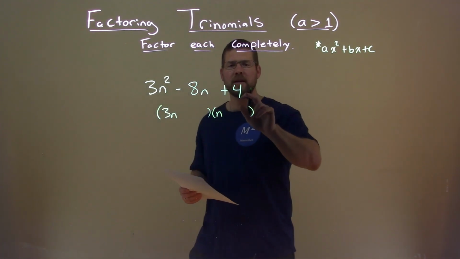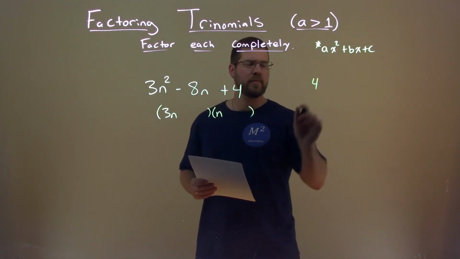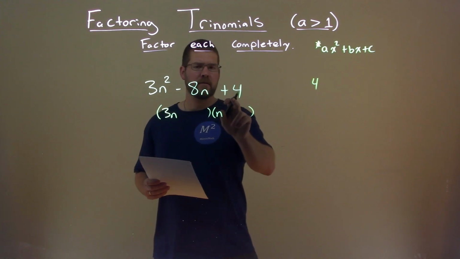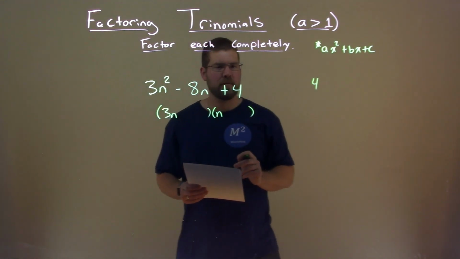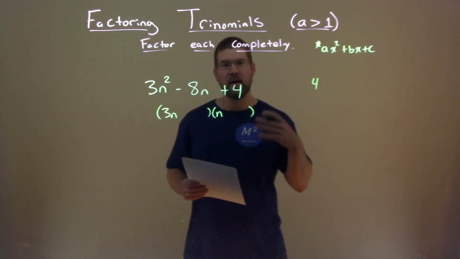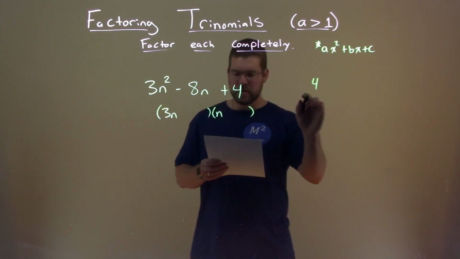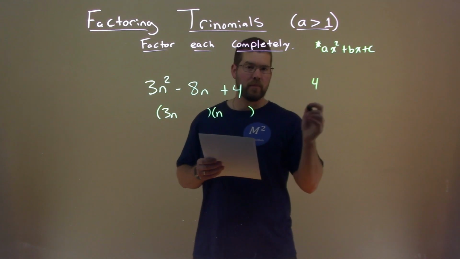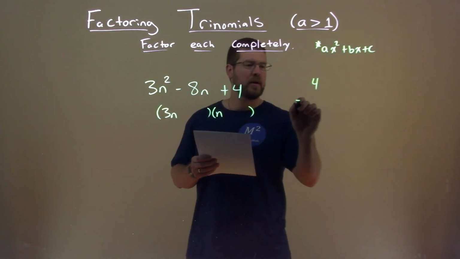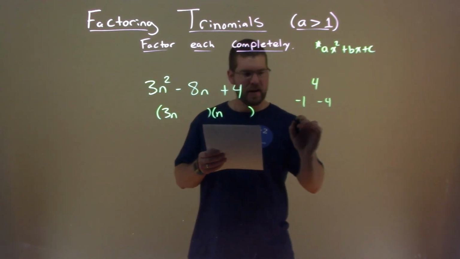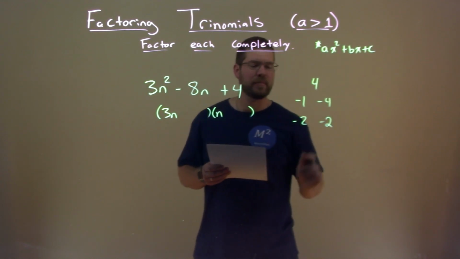Now I need to look at my c value, which is 4. Well, c is a positive 4, but the b value is negative. That means the two numbers that multiply to be c both have to be negative. So what two numbers multiply to be positive 4, but both being negative? Negative 1 and negative 4, and negative 2 and negative 2.